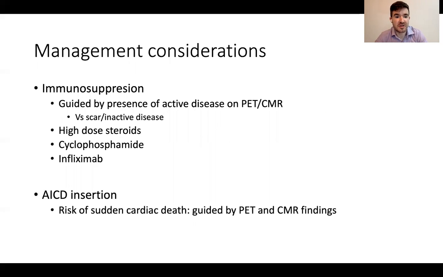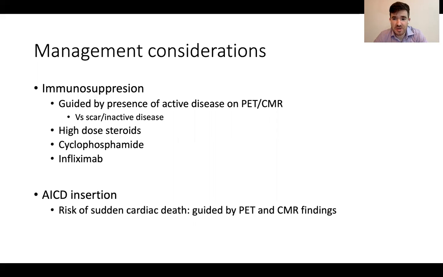Very briefly on management, as I mentioned, the imaging not only helps diagnosis, it really guides management and prognosis. So the utility of immunosuppression is really guided by uptake on PET, as well as cardiac magnetic resonance, really seeing if there's any active disease versus just scar.